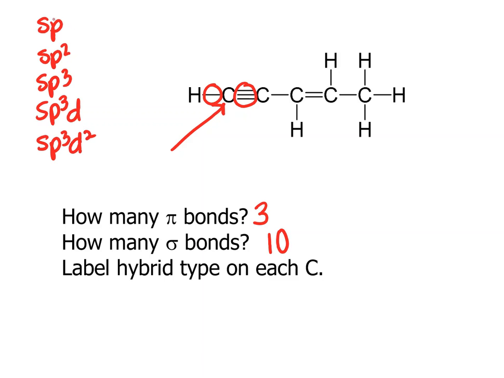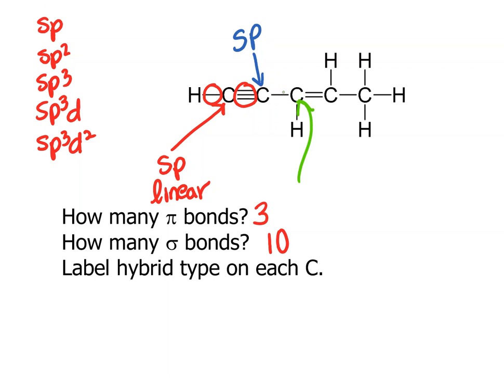So if it just has 2, we just need the first one, it's sp. And let's go ahead and say the geometry as well. sp is linear. Let's do this carbon as well. It's going to be sp, 2 electron groups, and linear.